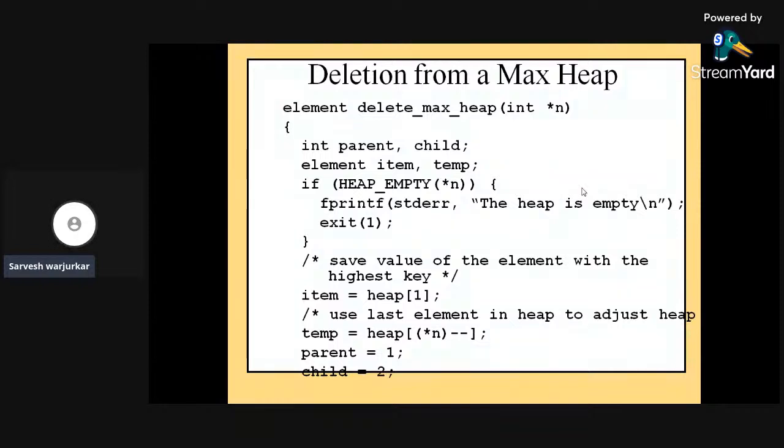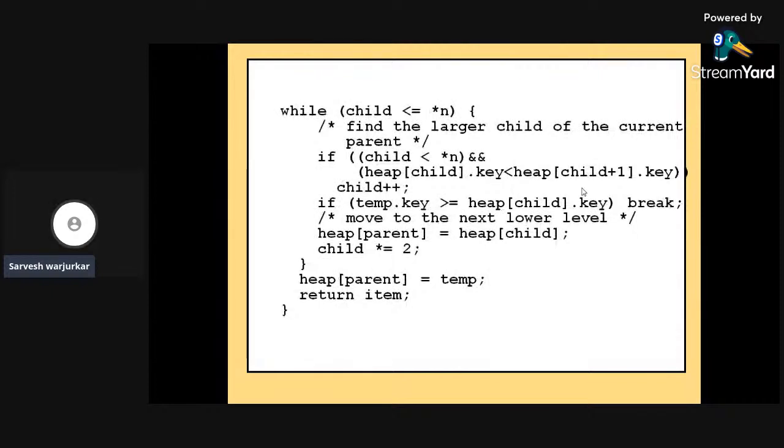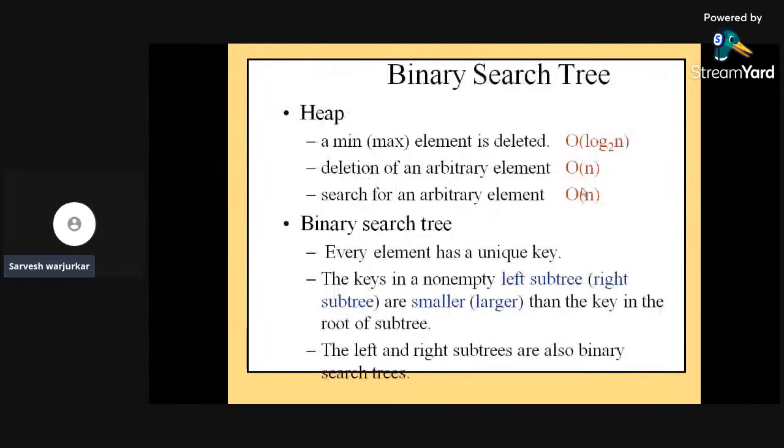Use the last element in the heap to adjust the heap. Parent is equal to 1, child is equal to 2. That's it. You can consider this particular diagram, this particular principle. You can definitely draw any particular heap tree in any possible manner.